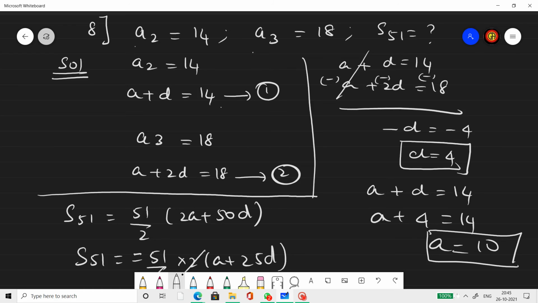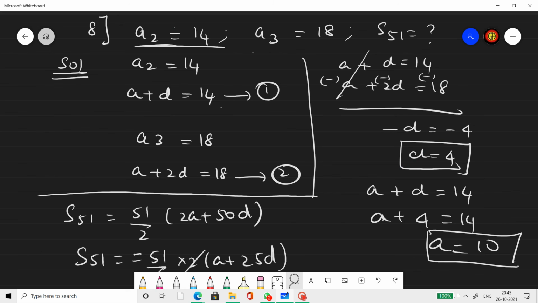Now let's move. A2 is 14 in the next question. A3 is 18, S51 they want us to find. See, A2 means second term is 14. Second term is A plus D, which is A plus n minus 1 into D formula. So A plus D equals 14. A3 is 18, this way we get A plus 2D equals 18. So I get two linear equations.